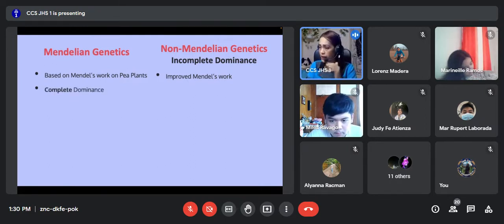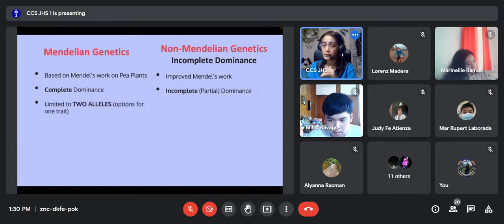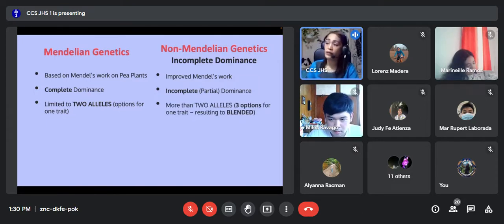Now, Mendelian genetics is about complete dominance, while non-Mendelian genetics talks about partial or incomplete dominance. In terms of the available options, Mendelian genetics is limited to two possible options: a dominant or a recessive. However, yesterday we learned that non-Mendelian genetics, particularly incomplete dominance, is not limited to two, but has three options.